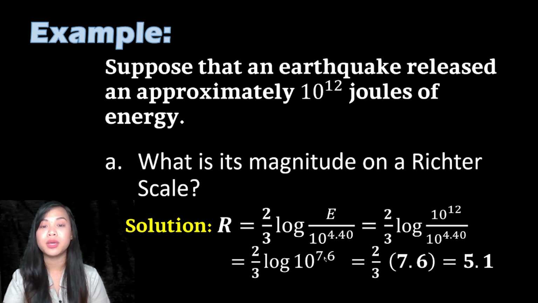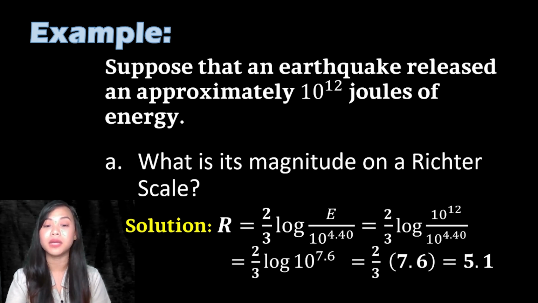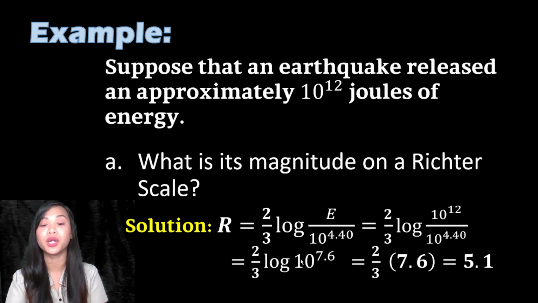We are going to discuss it further in our succeeding topics. We have a property: if we have the same base, and your power has an exponent involved, and your base there is equal to the base of your logarithm, then the exponent involved there becomes the value of the logarithm.